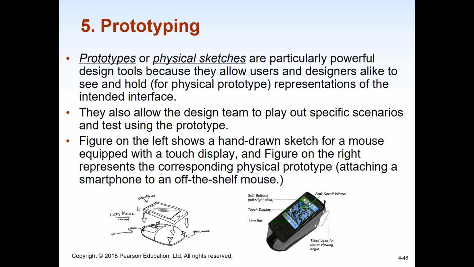It shouldn't be exactly the same as the final product expected, but it is supposed to be a tangible one that the user can interact with, that assimilates the final product.